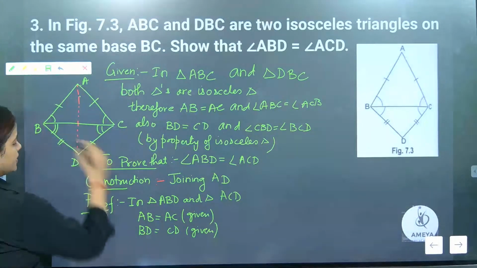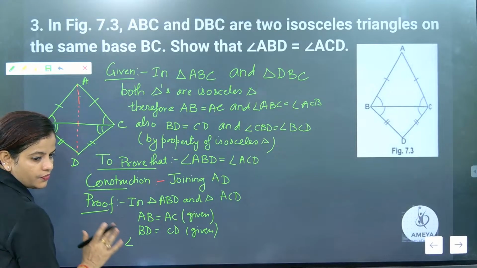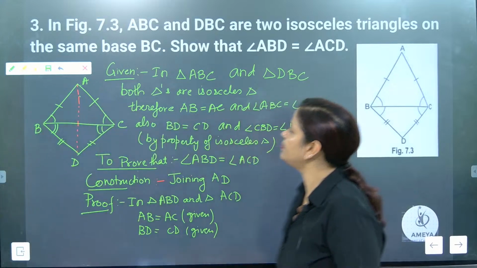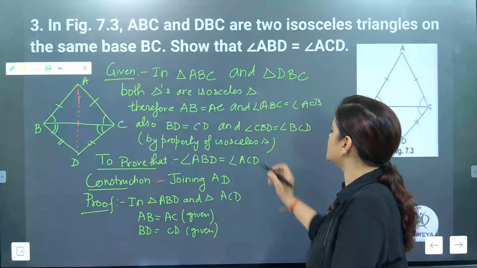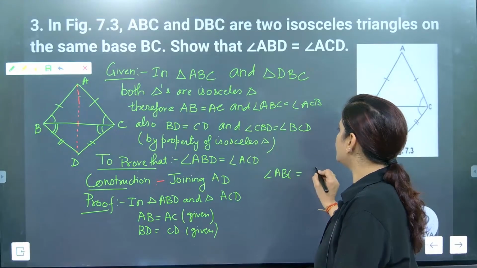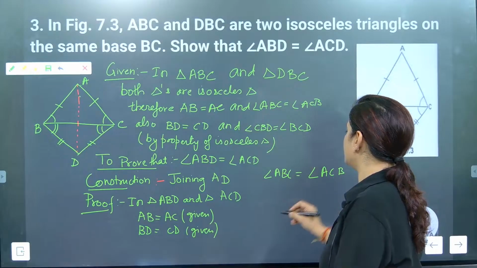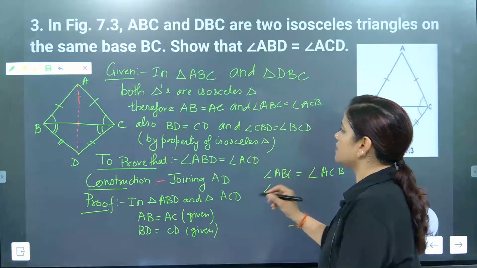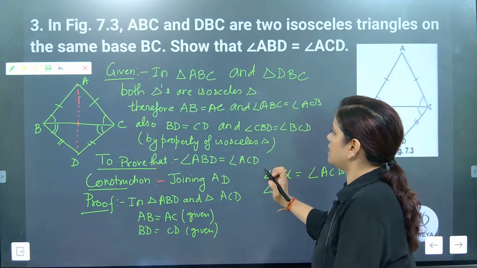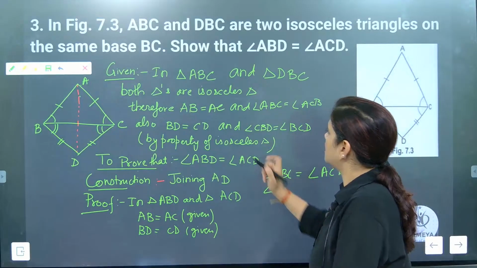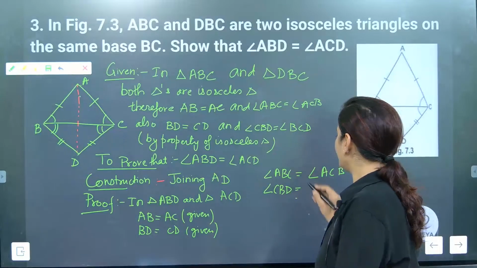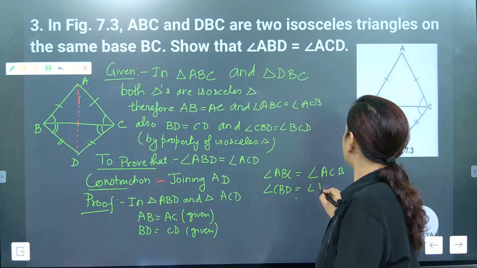Now angle. Here you need to write only one small thing. Write angle ABC equal to angle ACB, and after that second, angle CBD equal to angle BCD.